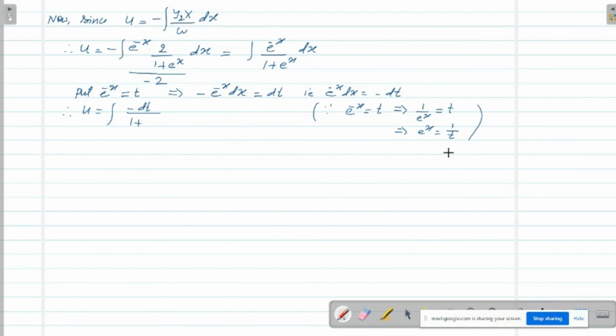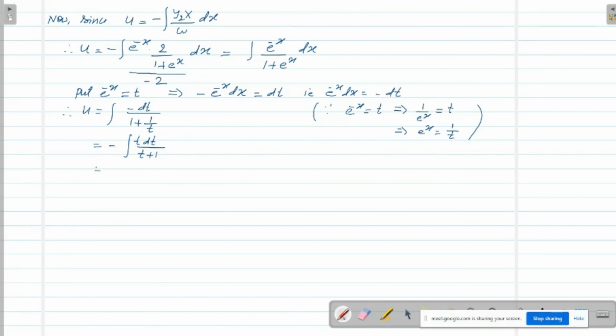Just substitute this. So this is 1 upon t. Now integrate it. Taking the negative outside, integration of dt divided by 1 plus 1 upon t. Cross multiply, so t plus 1 divided by t, and this t goes to the numerator.